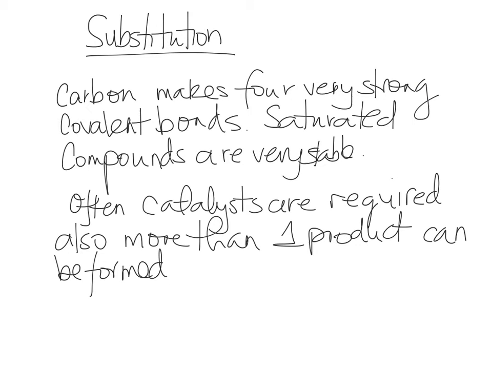So often, to get a product, you use a different chemical reaction other than substitution if you're going for a specific product, because there's many different products that you can get.